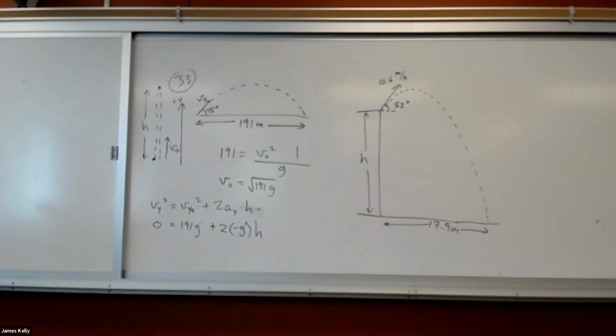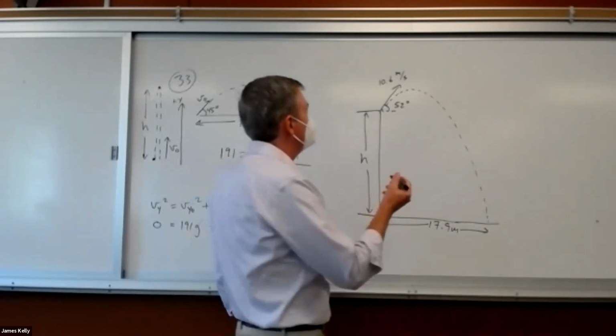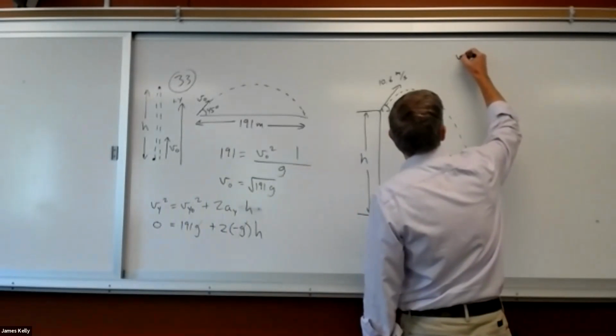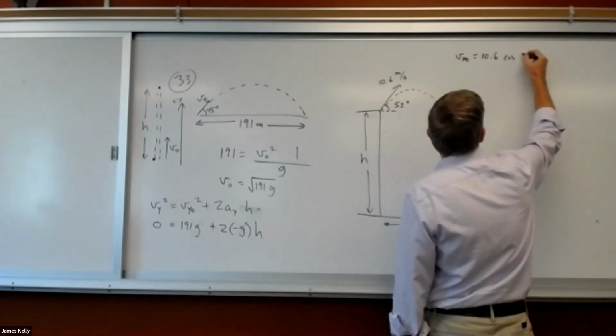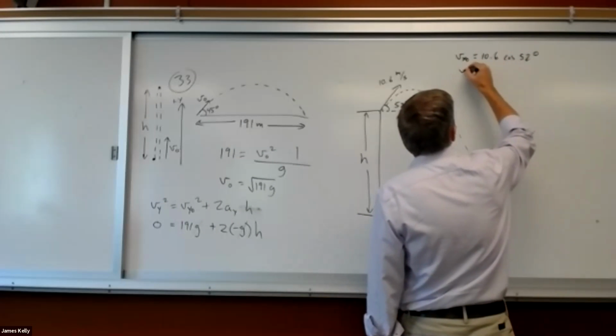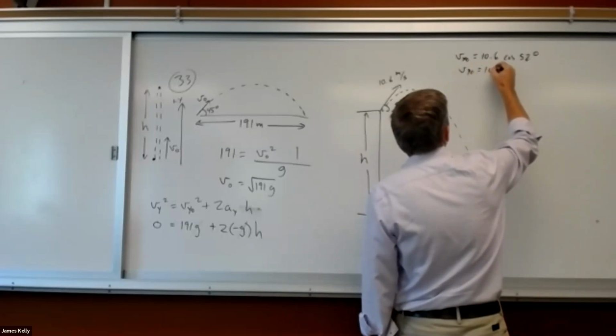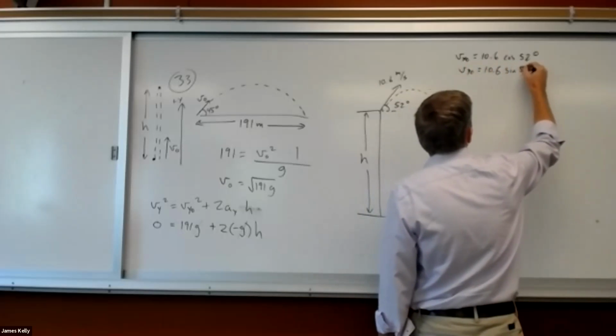Yeah, certainly we're probably going to want Vx initial and Vy initial. I'm not going to calculate them in my calculator, but Vx initial would be 10.6 times the cosine of 52 degrees. Vy 0 is equal to 10.6 times the sine of 52 degrees.